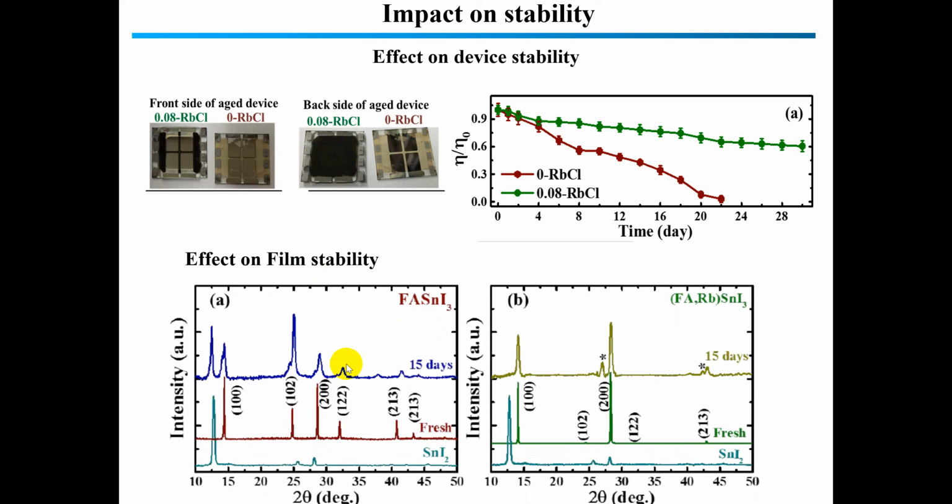For the pristine one, after 15 days, we can see the tin iodide peak here. But in the rubidium incorporated film, there is no such distinct peak for tin iodide. This means the rubidium incorporated film is more stable, and that is good news for us.